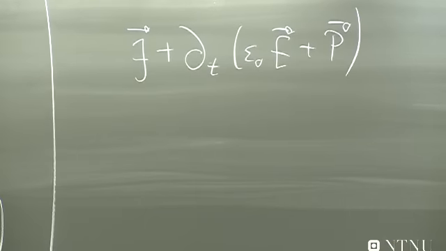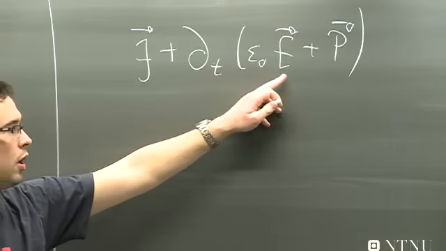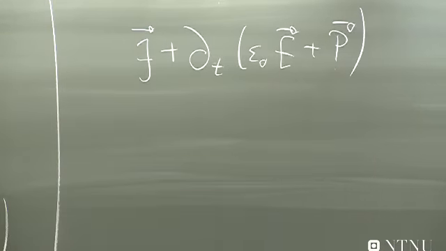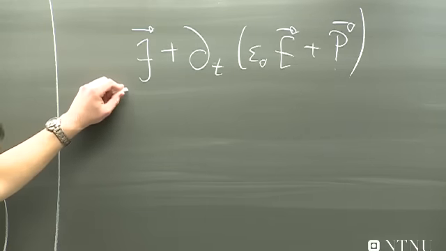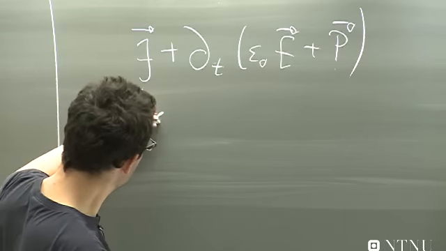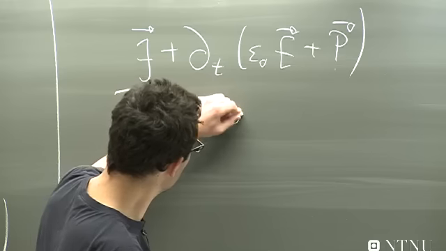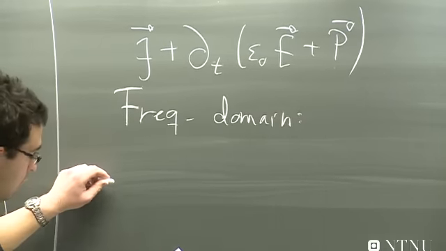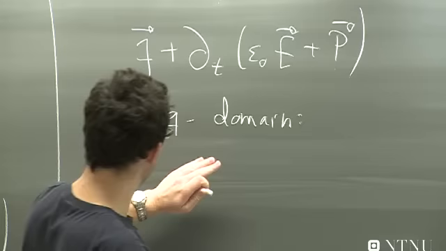But if you go to the frequency domain, this is simpler, because the time dependence is not a trivial thing. If we take the Fourier transform, we get the following in the frequency-wave number domain.